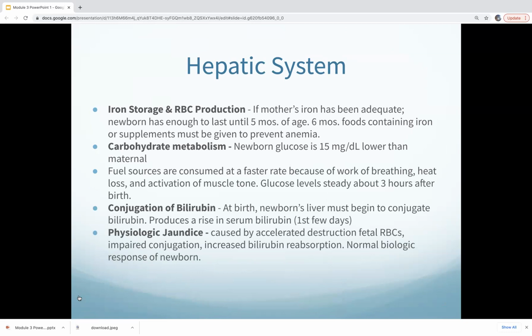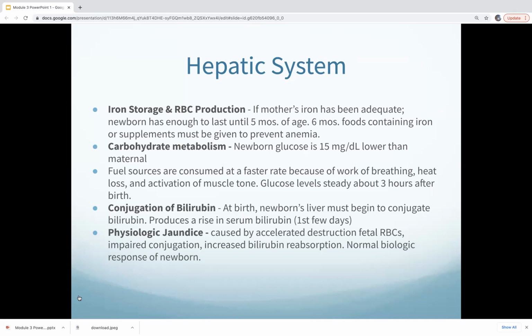And then when they start eating, they may need foods containing iron or supplements to prevent anemia. Again, the carbohydrate metabolism, the newborn glucose is about 15 milligrams per deciliter lower than maternal. We talked about that. So 40 is our range, remember?